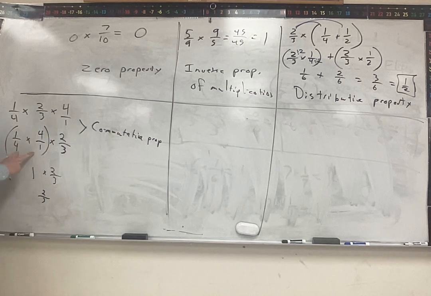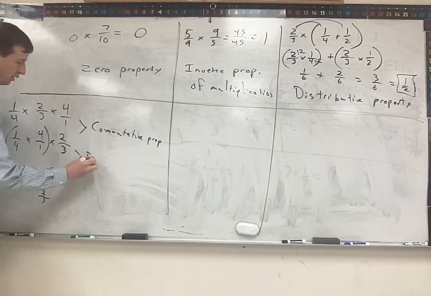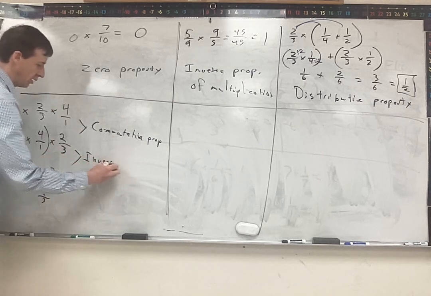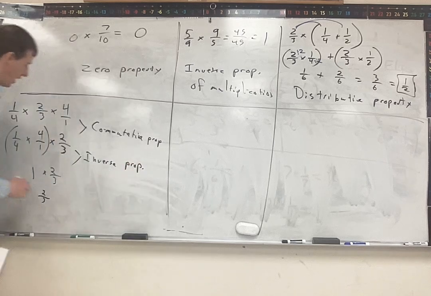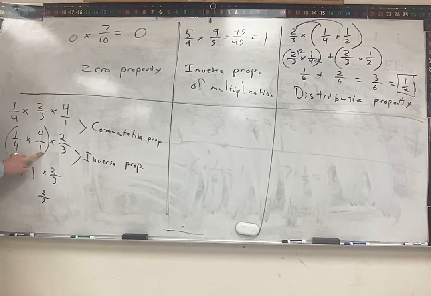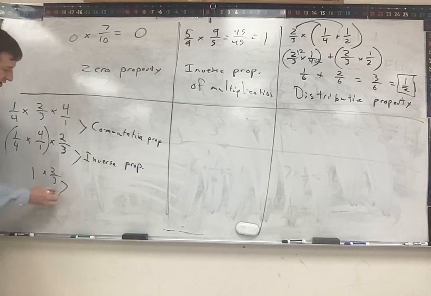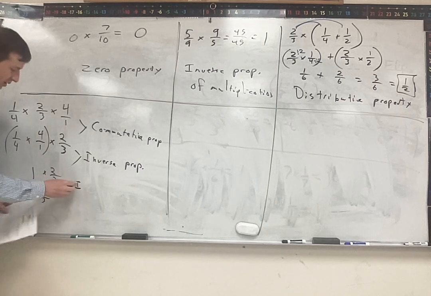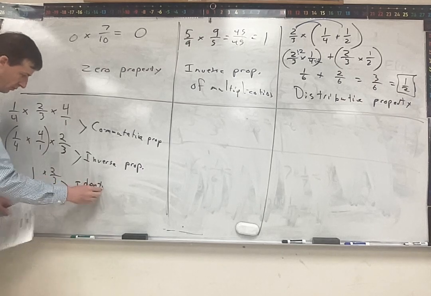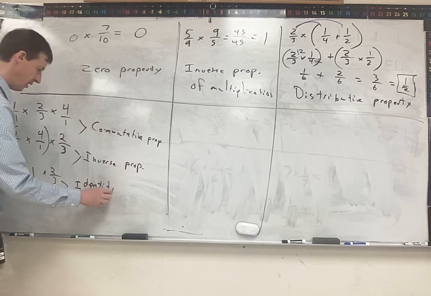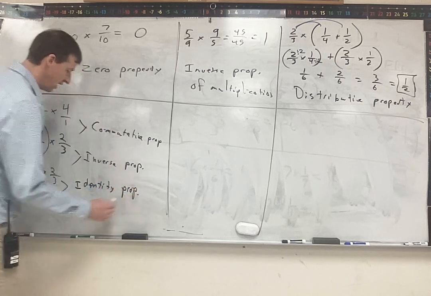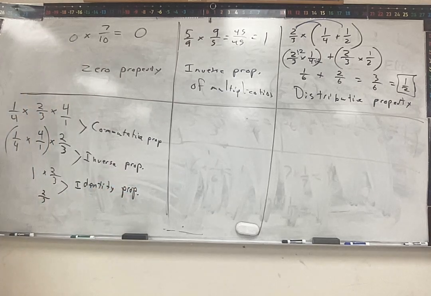And then once I multiplied this, I used the inverse property, which said that anytime you take a number times its inverse, you get 1. And then 1 times 2/3, I used the identity property, which says anything times 1 is going to be itself.